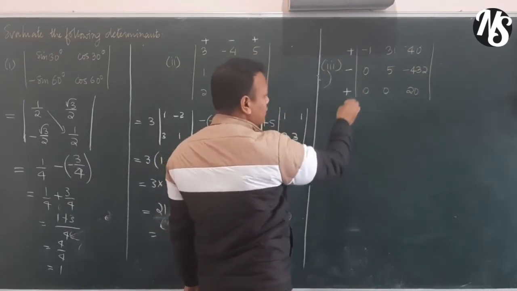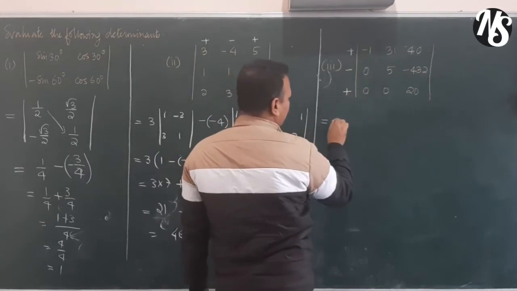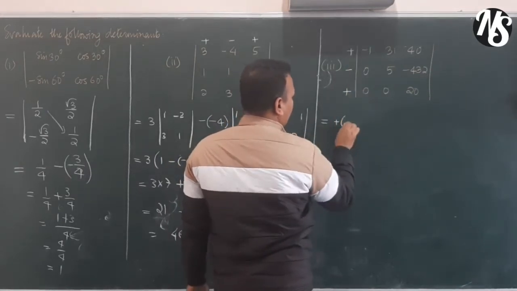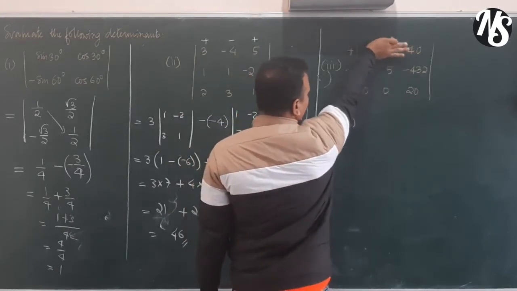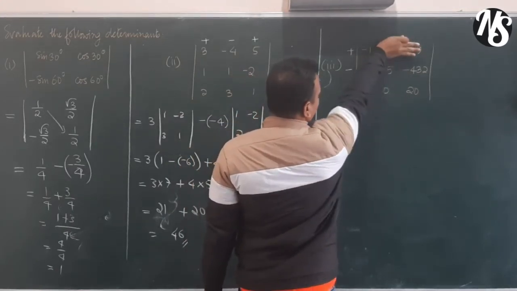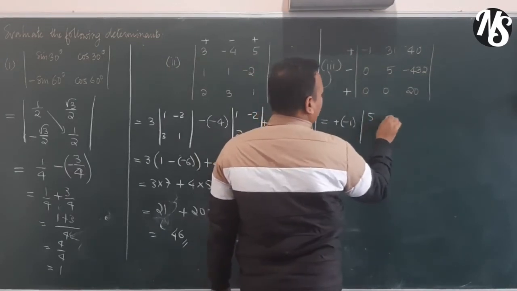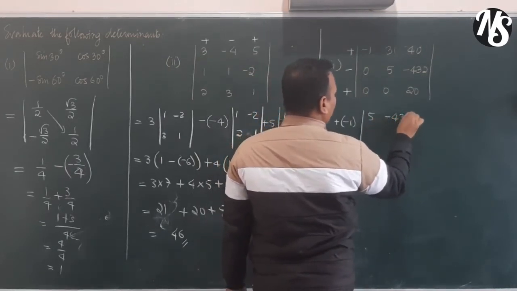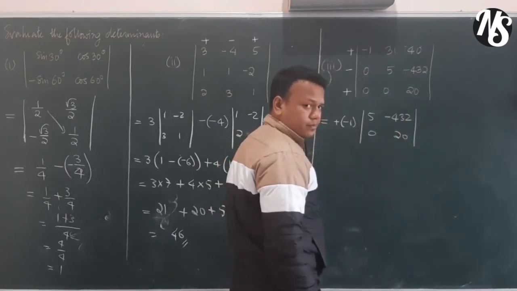So if I consider this, I write plus of minus 1. When you remove this row and this column, the remaining numbers are 5 minus 4 3 2 0 2 0.